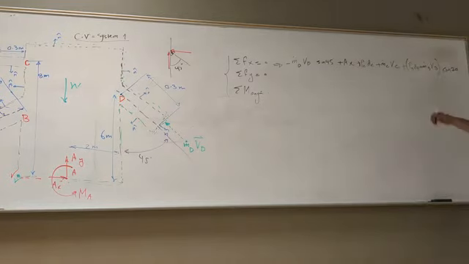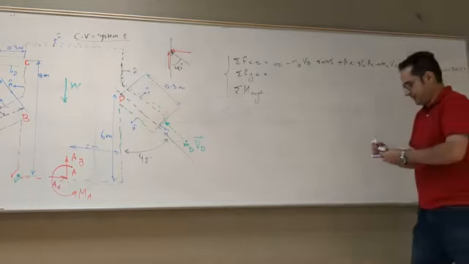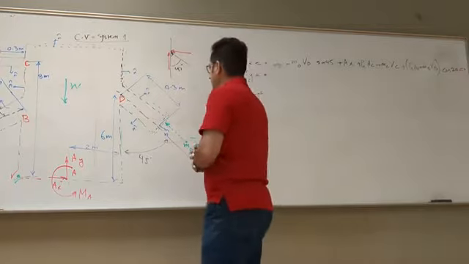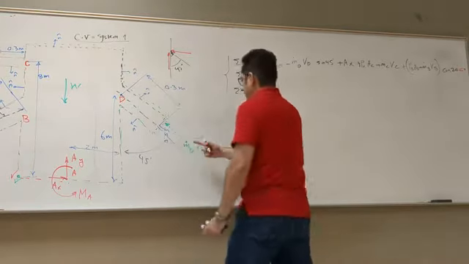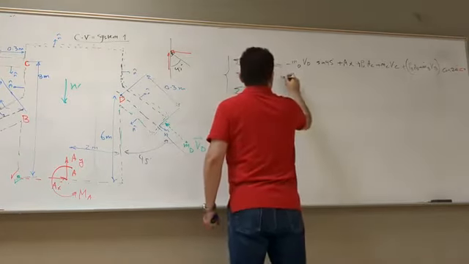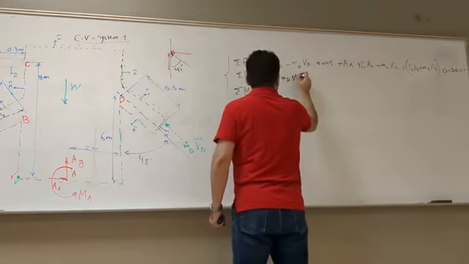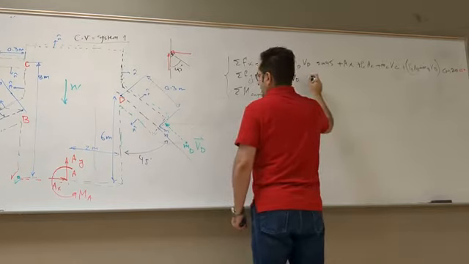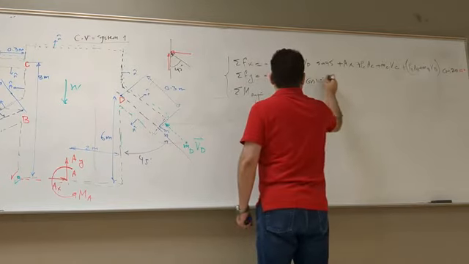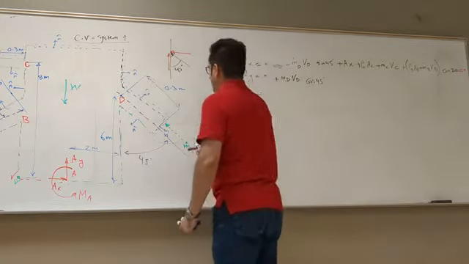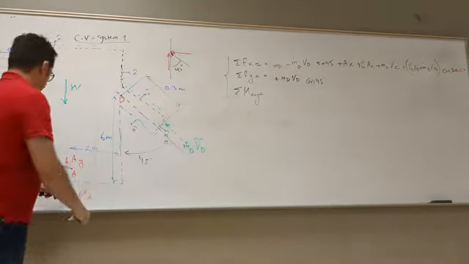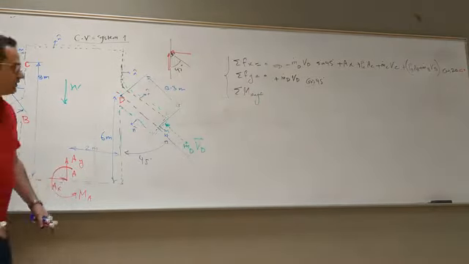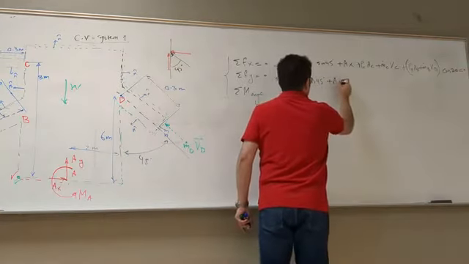So, plus that times cosine 20 is equal to 0. So that's the first equation. The second equation, sum of forces in y, starting with that, you get m dot D, VD, cosine 45, and this one is positive. And then you go to these, and in the y, you only have plus Ay.